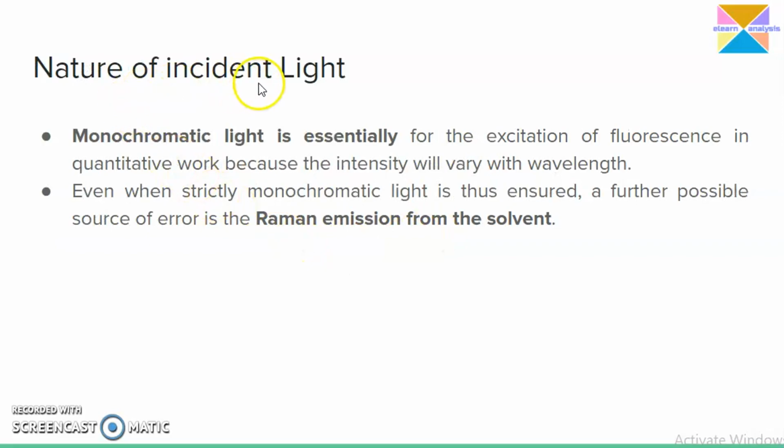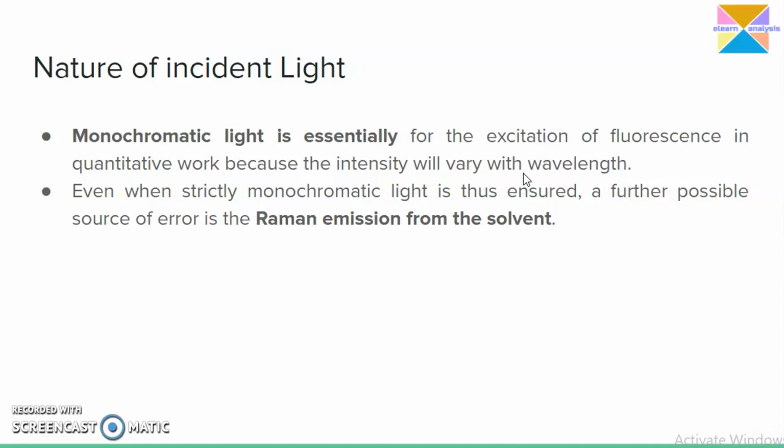Coming to the nature of incident light, monochromatic light is very essential for the excitation of fluorescence in quantitative work, because the intensity will vary with the wavelength. Monochromatic light is light which is made up of one particular wavelength in spectroscopic terms.